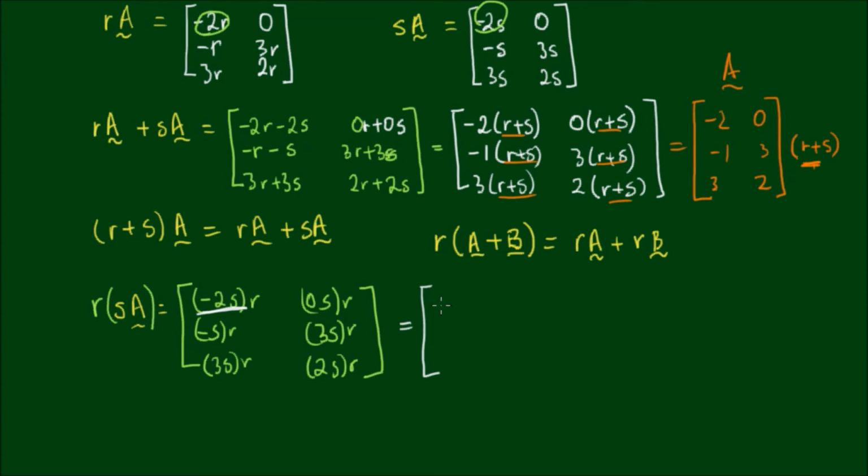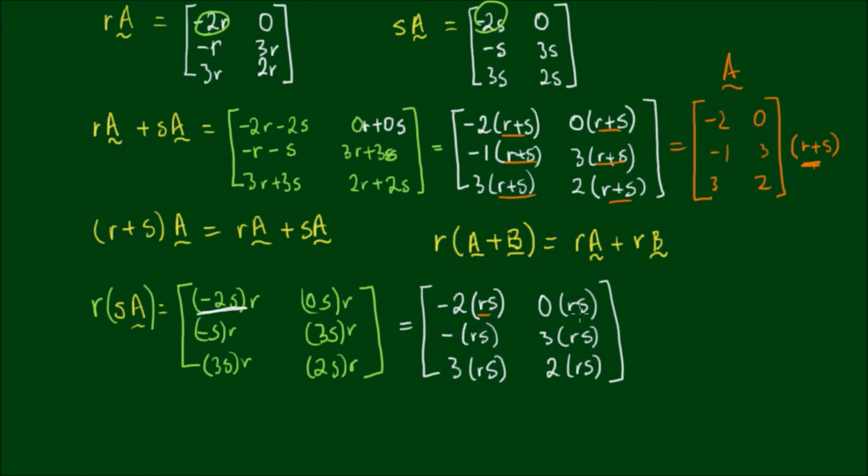So I can rewrite each of these elements as minus 2, and then I'm going to multiply this as rs grouped together. So following, then we have 0 by rs, negative 1 outside of rs, 3 outside of rs, 3 multiplied by rs again, and 2 times rs.